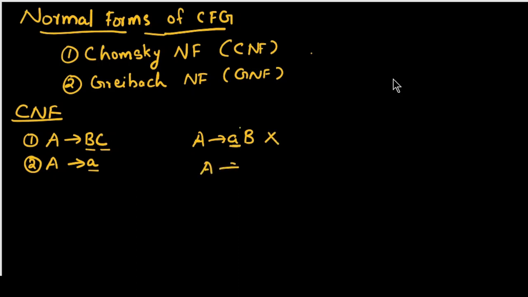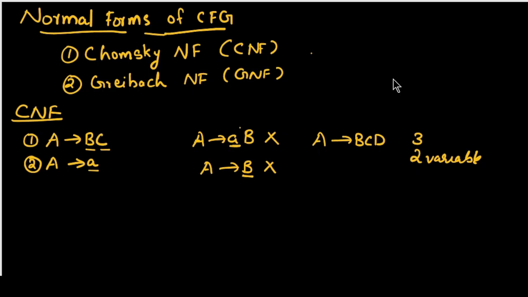And a production rule like A gives B will not be allowed, because if it is a single thing, that should be a terminal. And a production rule like A gives BCD also is not in the proper format, because there are three variables. Three variables are not allowed. Only exactly two variables are allowed. All the other formats are invalid.